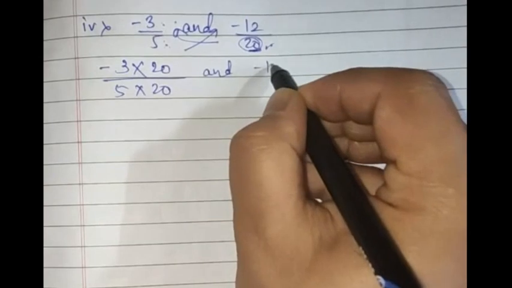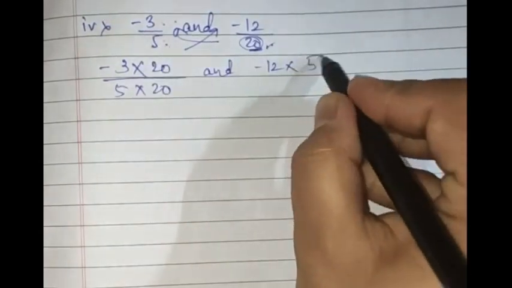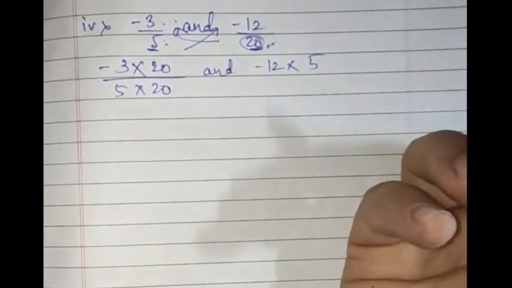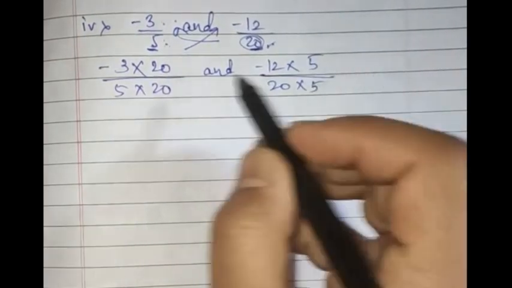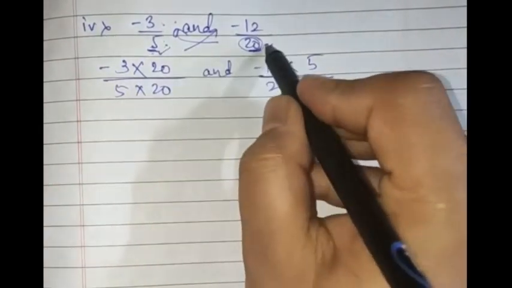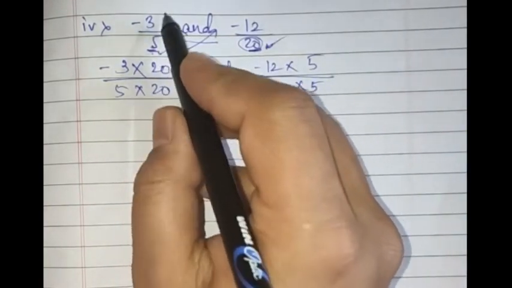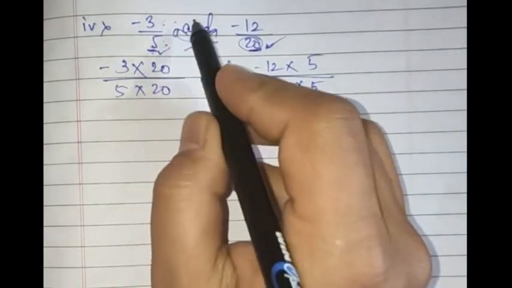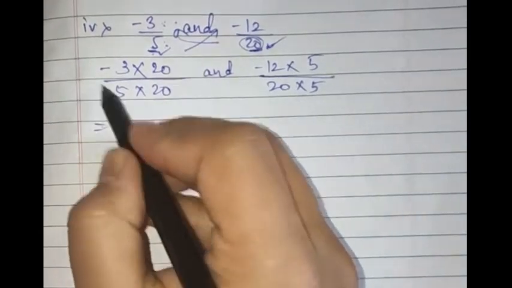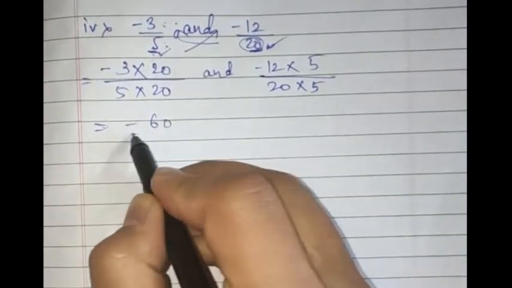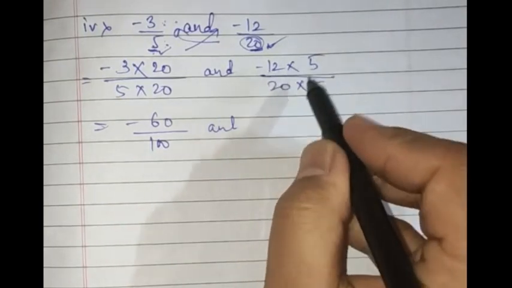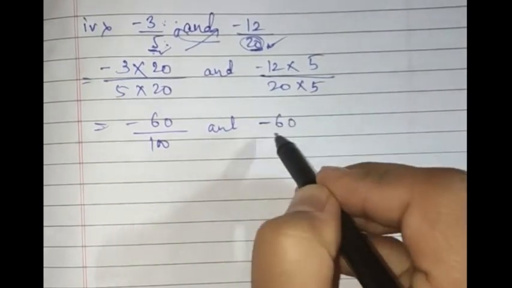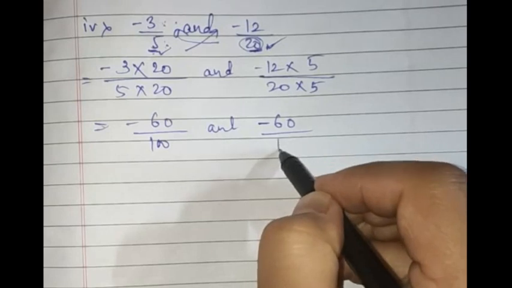And minus 12 into 5 is there, and choose the denominator. It will be the easiest one, okay? Why make a headache? Just choose the denominator and multiply with this denominator on both sides, and you will get the result. So minus 60 by 100, since 12 into 5 is minus 60 and 20 into 5 is 100.